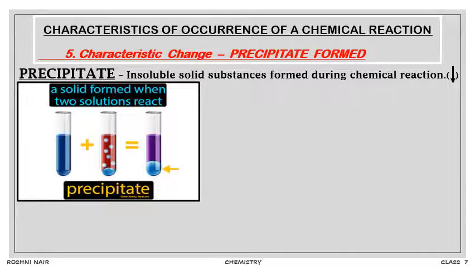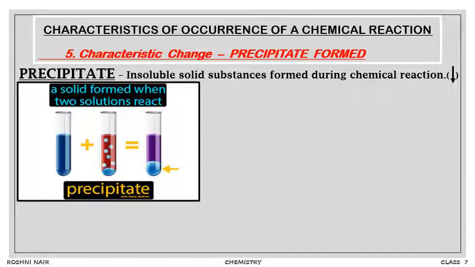So in this picture on the screen, you can see that a solid substance is formed when two solutions react. You can see a clear precipitate. Can you see this blue color precipitate formed? Why is it shown with an arrow pointing downwards?